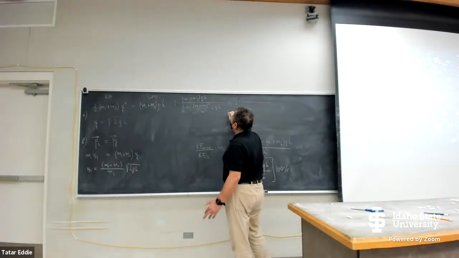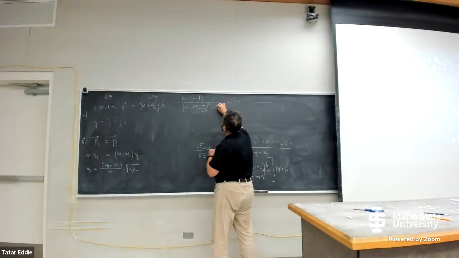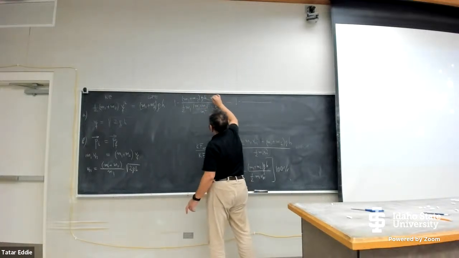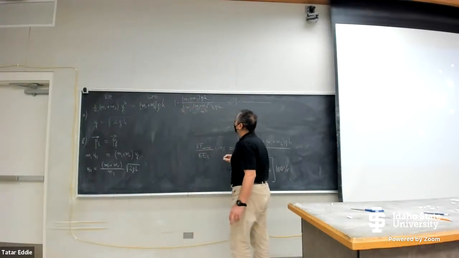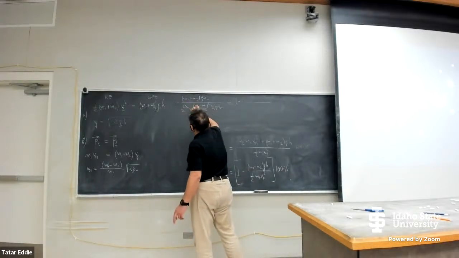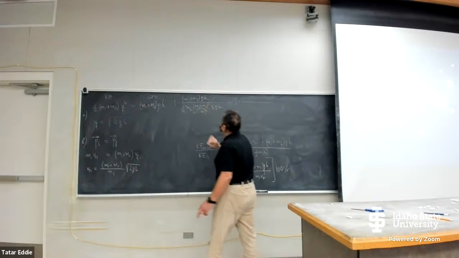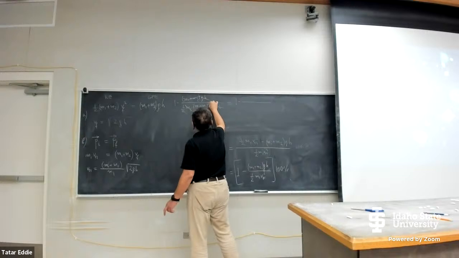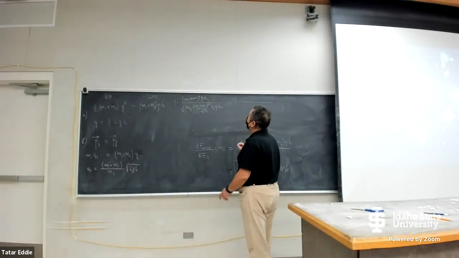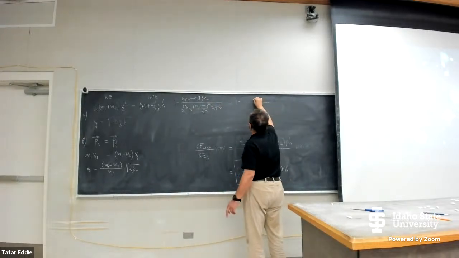You can cancel GH with GH, you can cancel this 2 with this 1/2, you can cancel this power of M1 with this, and this power with this. After all those cancellations, the result is going to look like 1 minus M1 divided by M1 plus M2.